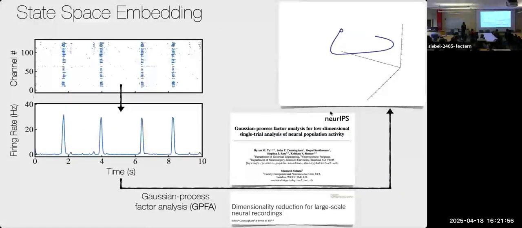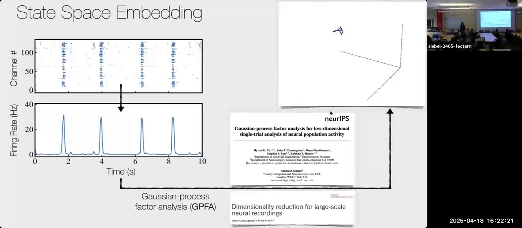And then the last diagnostic that we do is we try to find low-dimensional embedding trajectories. The idea is that when we get this high dimensional vector of firing rate information, there's a hypothesis that the actual internal information it's trying to represent sits in a much lower dimension.